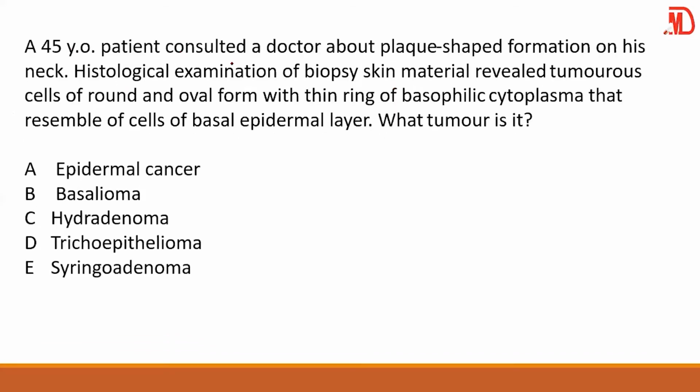A 45-year-old patient consulted a doctor about a plate-shaped formation on his neck. Histological examination of the skin biopsy revealed tumoral cells of round and oval form with a thin ring of basophilic cytoplasm that resembles cells of the basal epidermal layer.